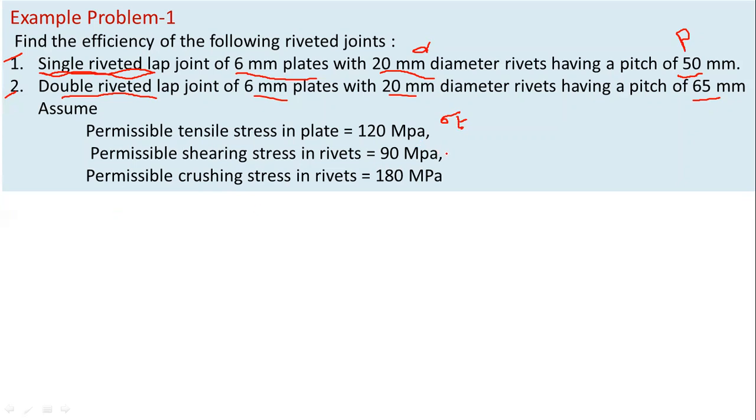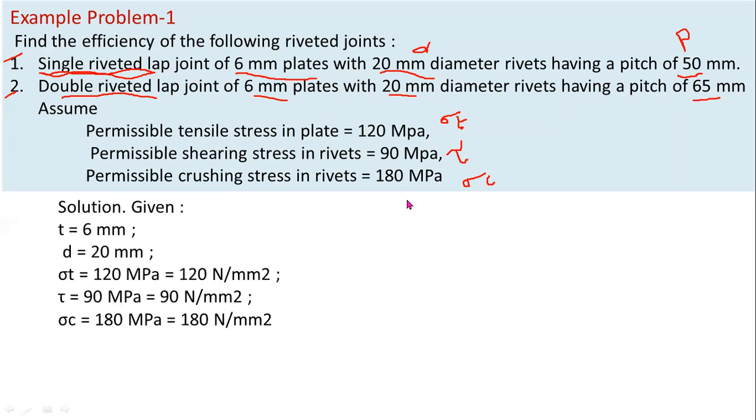The second one is shear stress, tau, equal to 90 megapascal, and the third one is crushing stress, sigma C, equal to 180 megapascal. These are the given values.